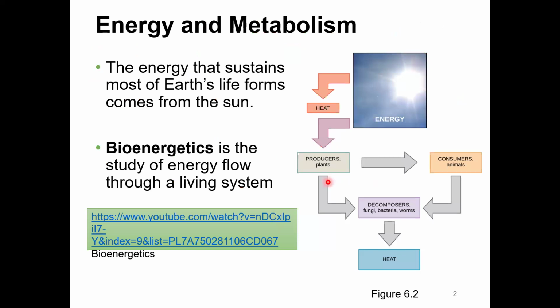So, energy and metabolism. Basically, the energy that sustains most of what is known on the earth comes from the sun. It gives heat energy and it goes into the plants where they use that to create more food sources and all that.